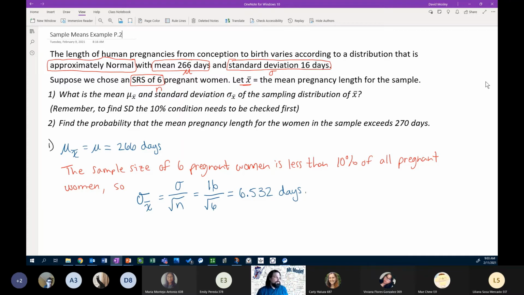Excellent. And now we're done with question number 1. Are there any questions about how I did the mean and standard deviation for this part?